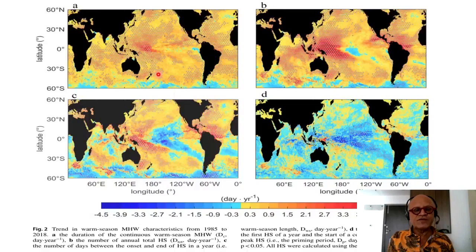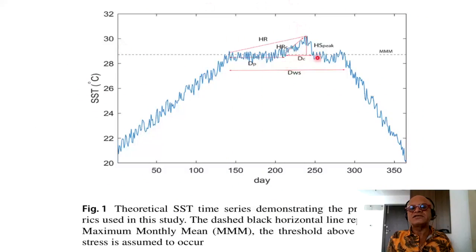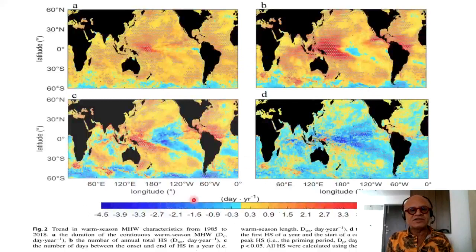Here is the duration of the continuous warm season, so DC, and you can see that except for the far eastern tropical Pacific, there have been increases in DC, so this has increased in trend over this period, and the scale is here in terms of days per year, and obviously there is some relation to the warming rates. So the ITCZ here and the Western Pacific warm pool region shows the largest increases in DC.